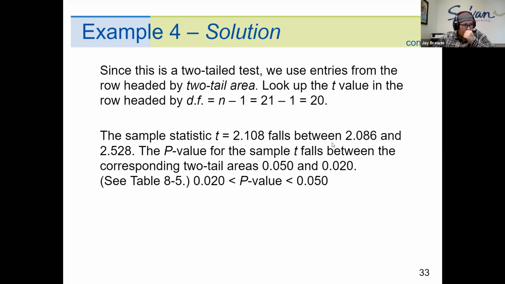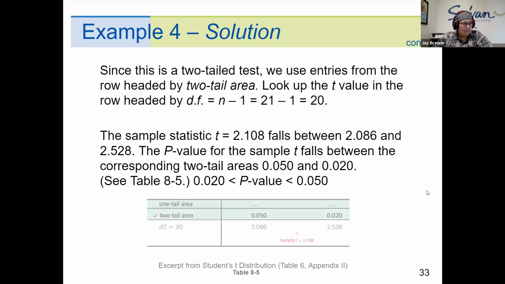So the p-value falls between 0.050 and 0.020. See table 8.5. I suggest you actually go into the appendix. Don't just take this little snippet as your table. Actually go look at table 8.5 and figure out how to use it.